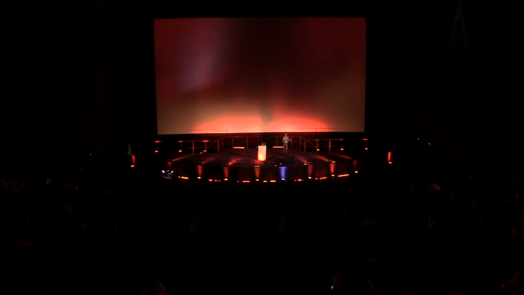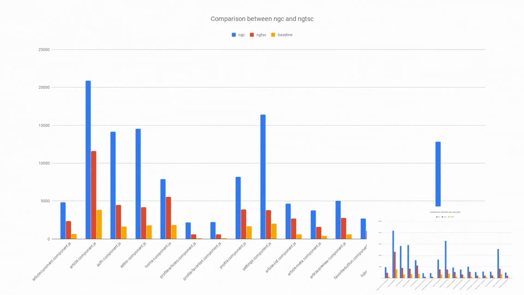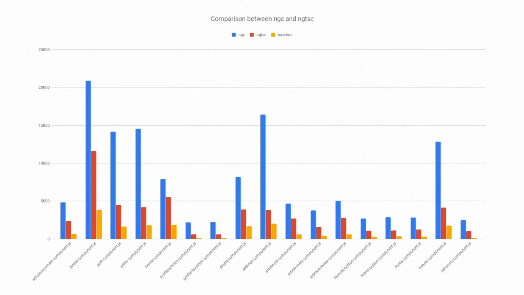So for larger applications, you can expect dramatic improvements in terms of bundle size. Where you're probably not going to get huge improvements is the bundle size for medium applications, where you're using most of Angular, and you also don't have that many templates, so that we're going to produce less code. Here is what I was talking about.